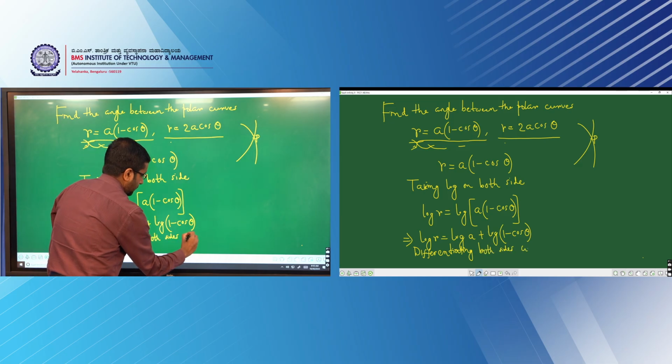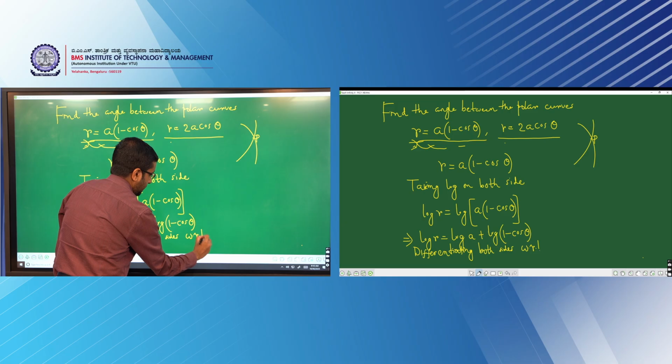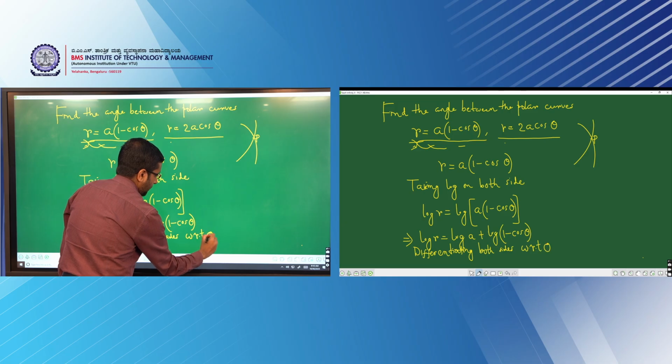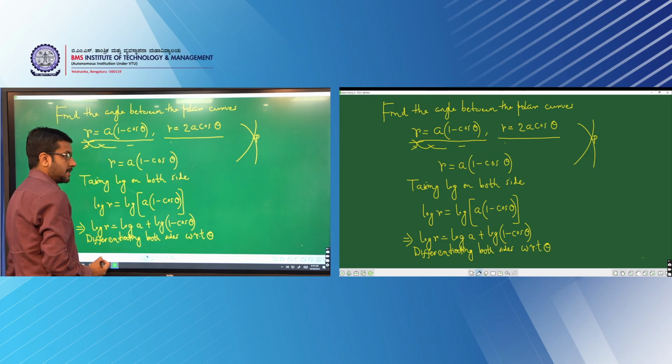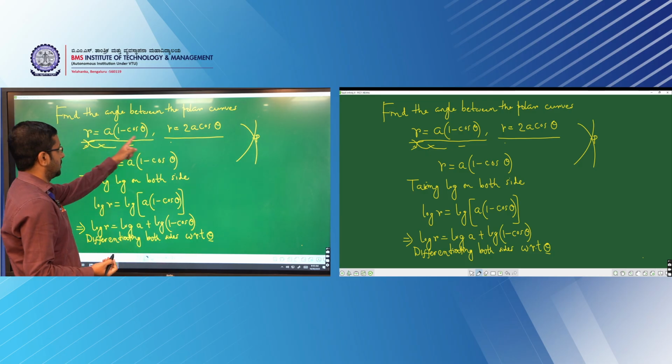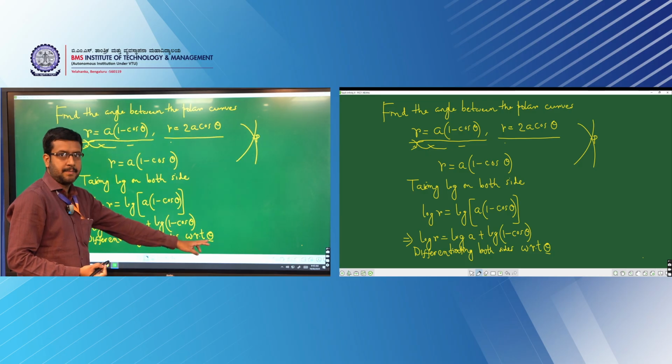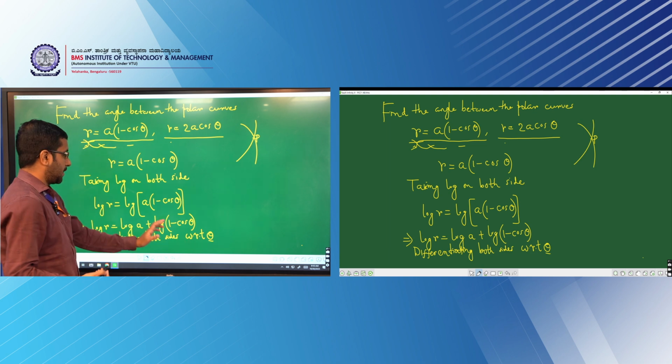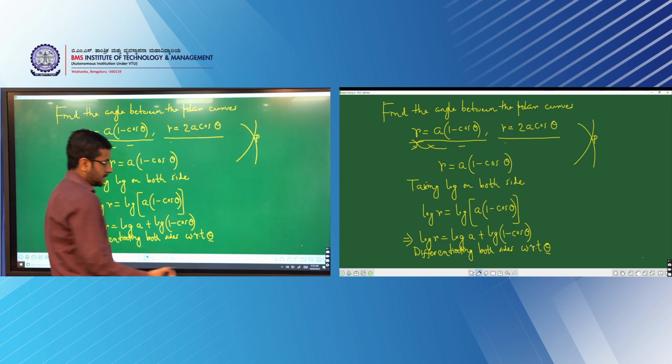Whenever this type of question comes, remember that we have to differentiate with respect to the independent variable theta. Since r is a function of theta, the independent variable is theta.